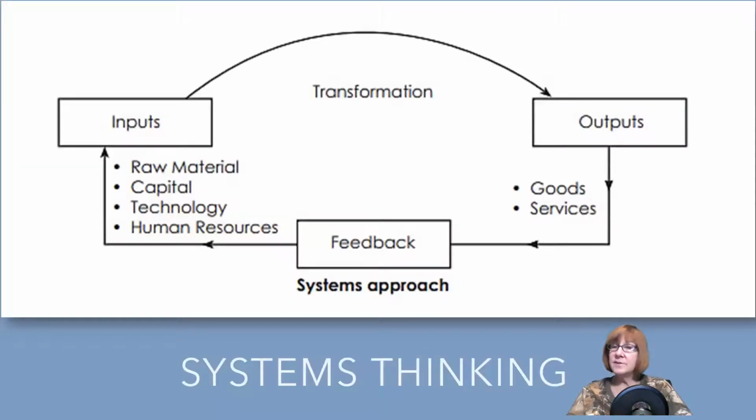And then there's systems thinking. Systems thinking is to make sure that you're taking a look at the whole picture, a holistic look at the picture, and not just applying Band-Aids to problems.